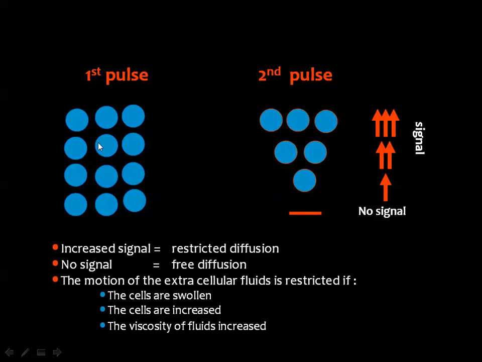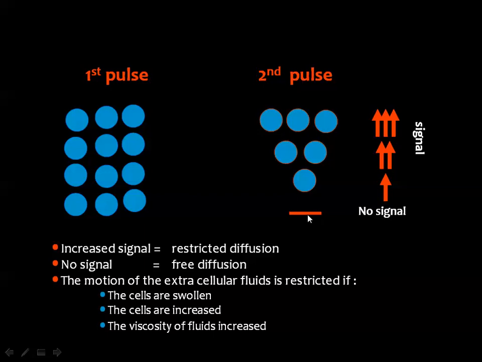Starting with 3, they are now 2, and this is minimal diffusion. Starting with 3, and they are 1, this is moderate diffusion. Starting with 3, and you detected none of the protons in the second pulse, and hence there is no signal, then you got free diffusion.